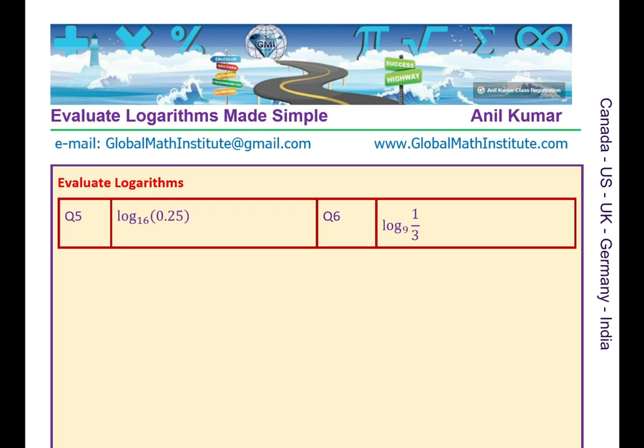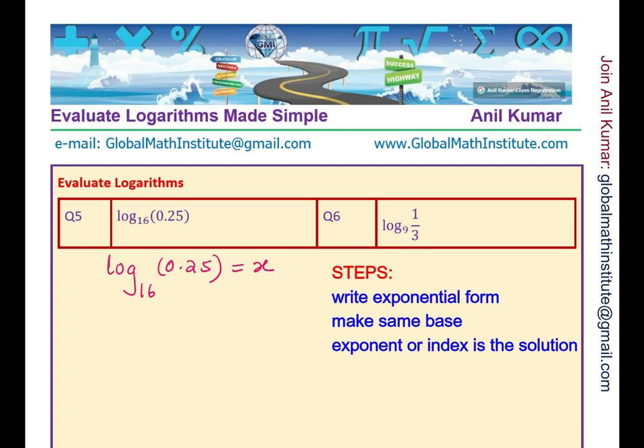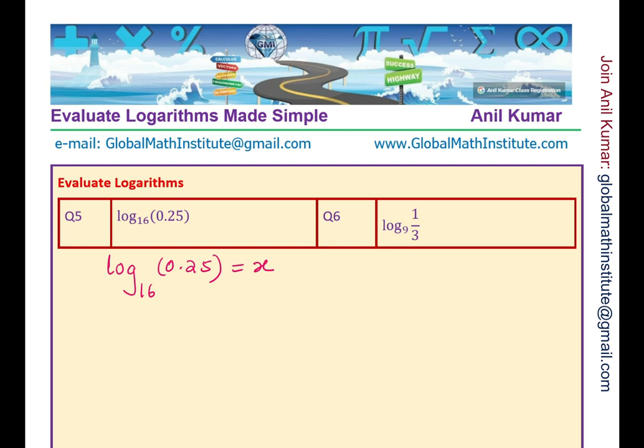Next two examples. The difficulty level is slightly higher now. The question here is log to the base 16 of 0.25. Let it be equal to x. Now 0.25 and 16, how are they related? Well, 0.25 is 1 over 4, correct?